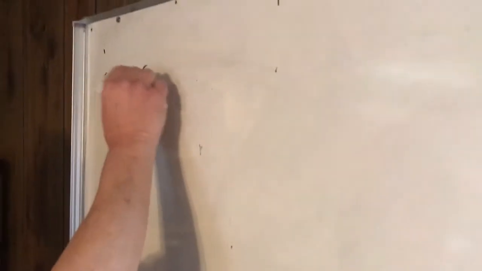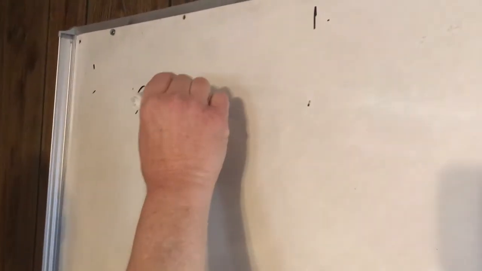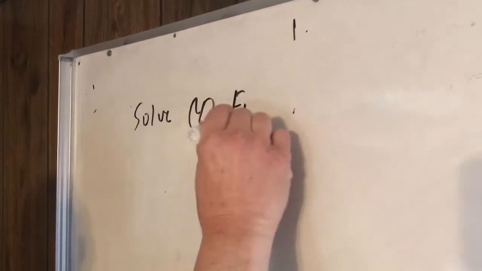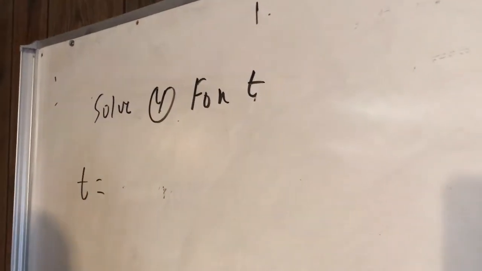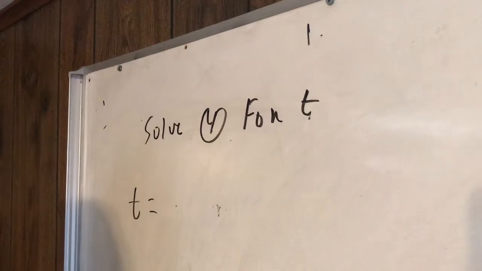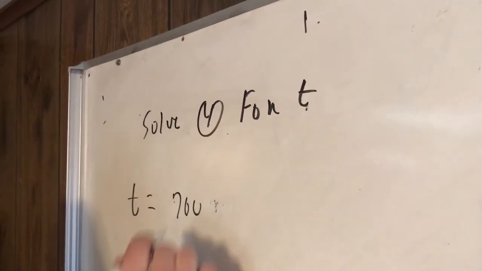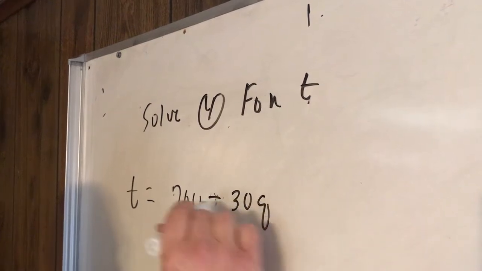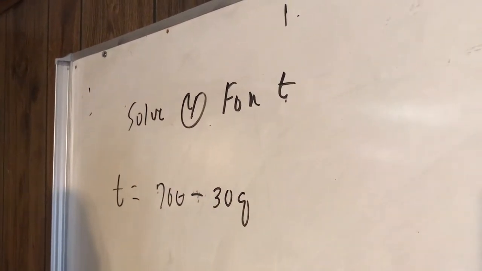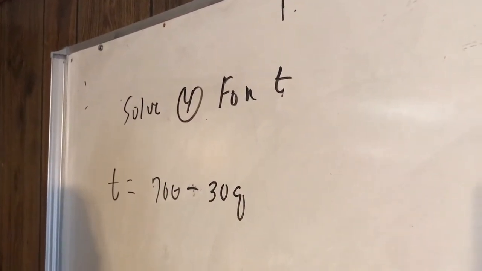I'm sorry, I'm sort of mixing you up here, but let's solve 4 for T. That's the easy way. I could do it the other way too, but let's solve 4 for T. So T is going to be equal to 700 minus 30Q minus 1/3 Q squared.